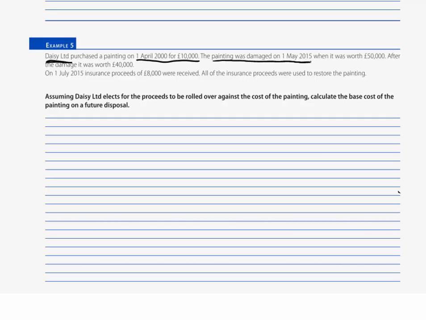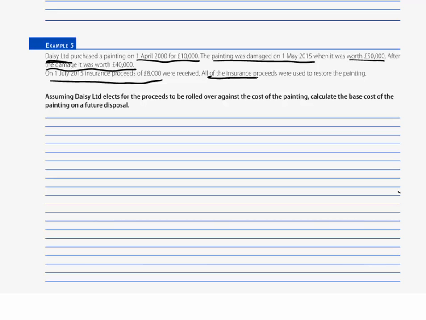The painting again was damaged on the 1st of May 15 when it was worth £50,000. After the damage, it was then worth £40,000. All again the sort of information that you'd be provided with if you actually had to do a part disposal calculation in relation to the insurance money received. We're told that we did receive insurance money, again on the 1st of July 15, insurance proceeds £8,000 were received.